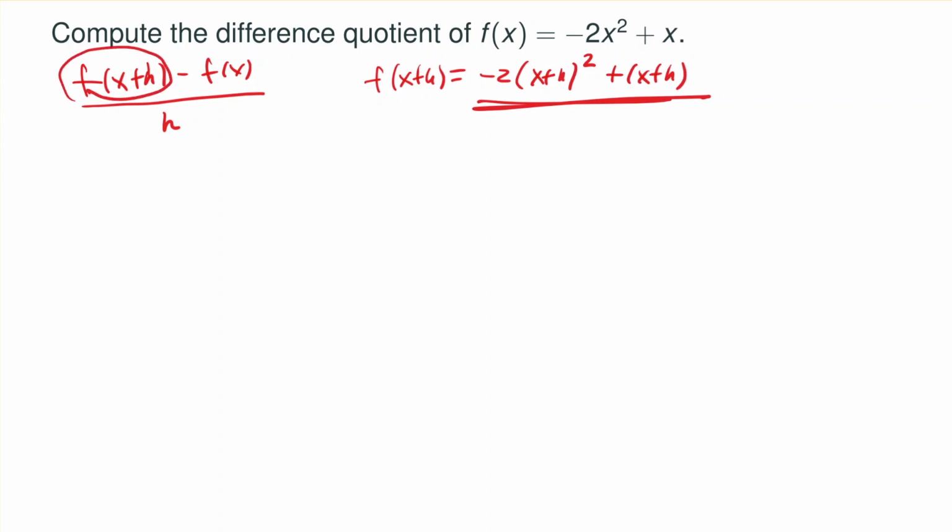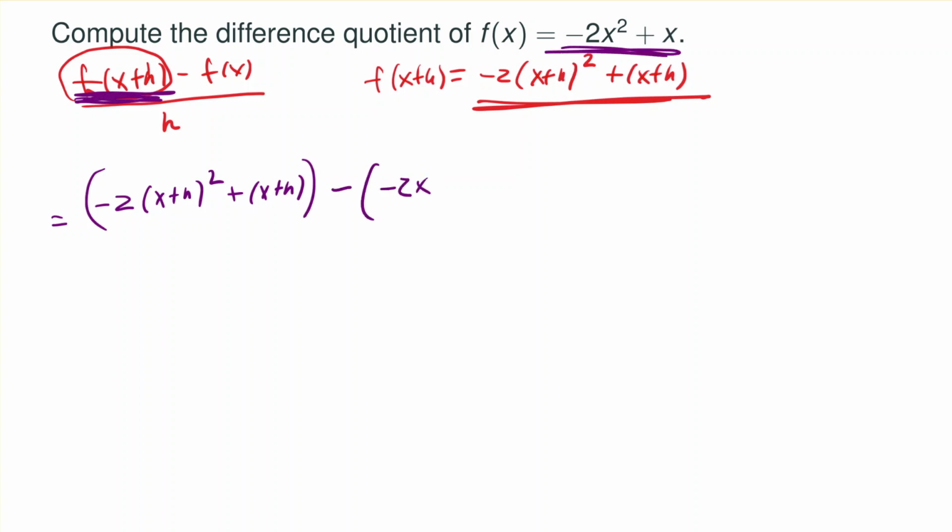So then I need to put this right in this position. Let me do that in the next line. I have negative 2 times x plus h squared plus x plus h. This entire thing is an expression, and this expression is f of x plus h. Minus f of x, which is just given right here, so just copy that, entire thing over h.